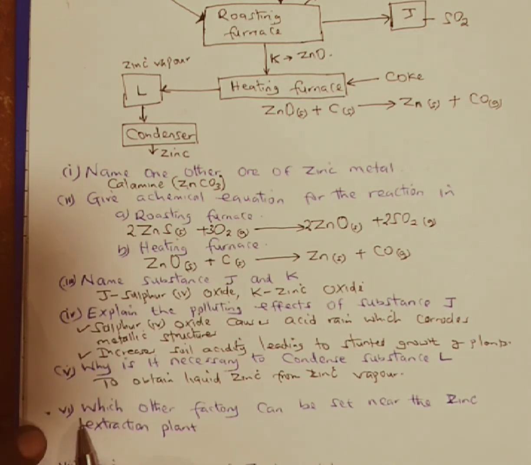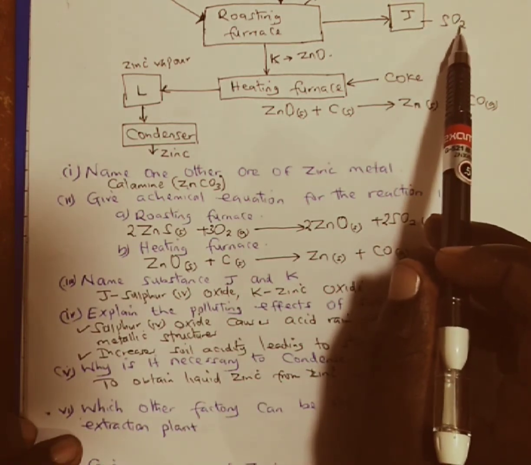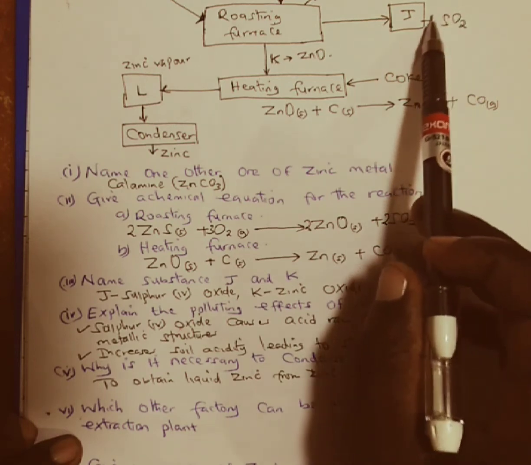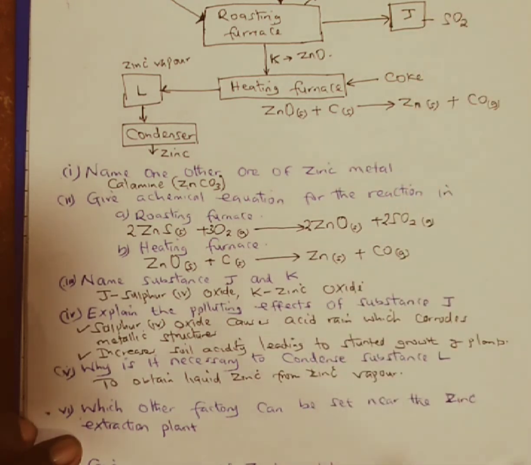Roman 6, which other factory can be set near the zinc extraction plant? Remember, as a result of the extraction, we obtain sulfur 4 oxide, and sulfur 4 oxide can be used to manufacture sulfuric acid in contact process.